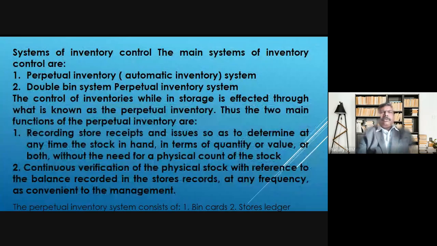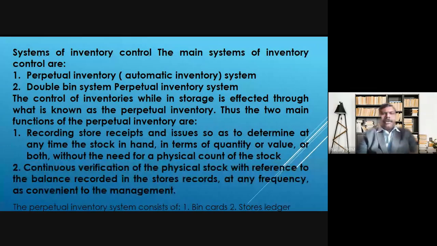So we have systems of inventory controls. The main systems are perpetual inventory, that is the automatic inventory system, and the double bin perpetual system.